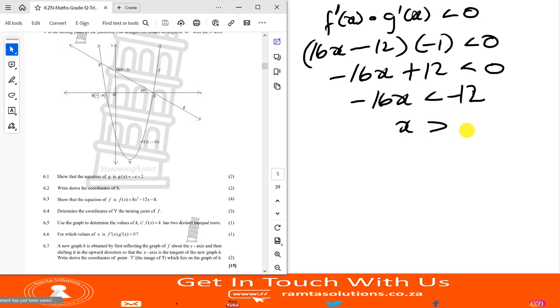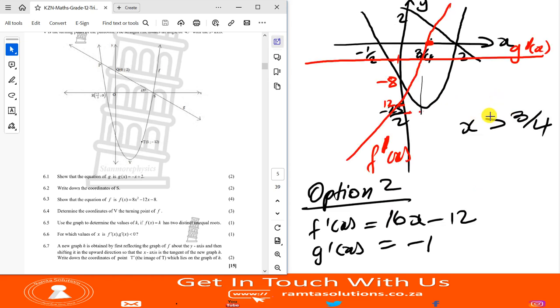It'll become positive 12 over 16, which simplifies to 3 over 4. Do you guys see this? And this is exactly what we got using graphing. Please attempt this if your calculus is that good. Otherwise, option 2 is the best for you.